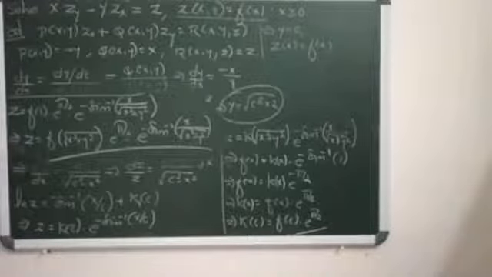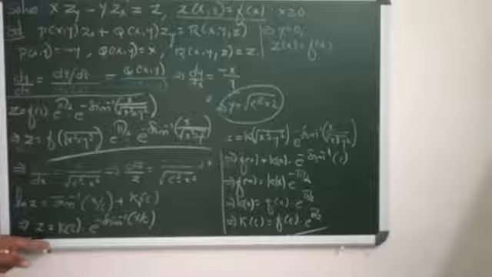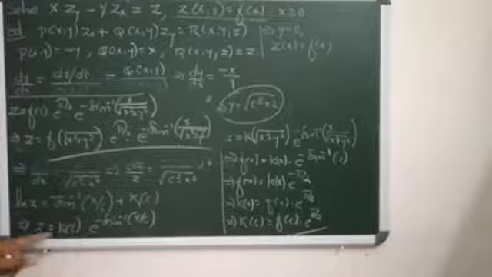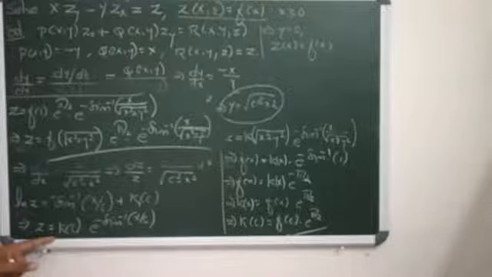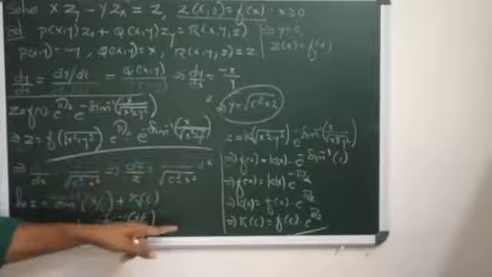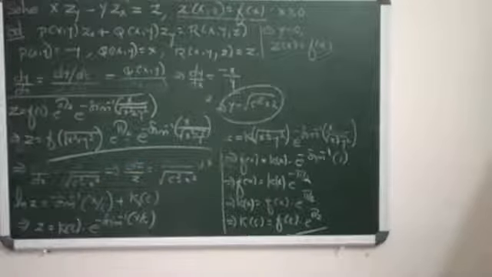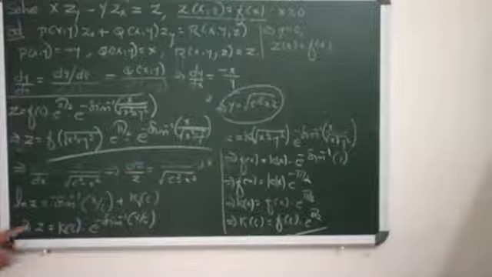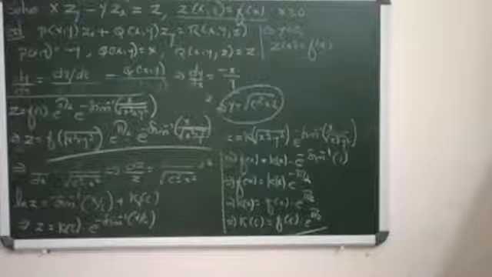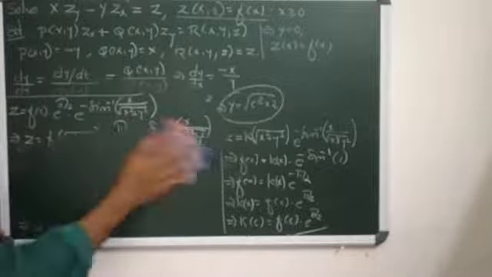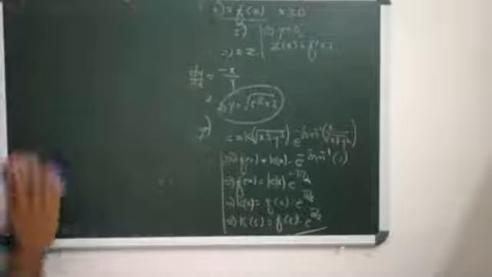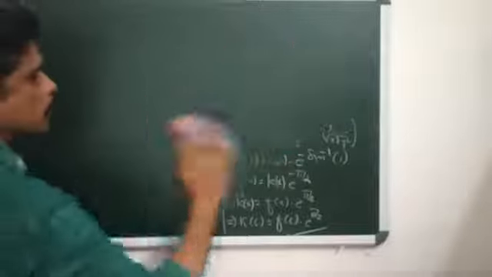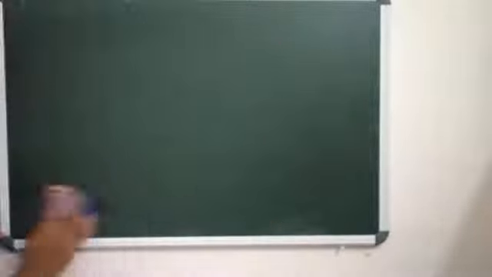On solving, then using the initial conditions, k of c is an arbitrary function, depends only on c. After using the initial condition, we have k of c equals f of c into e power pi by 2. Then substitute here, z is this one. So this is the method to find out the solution of a semi-linear equation. This is the process.